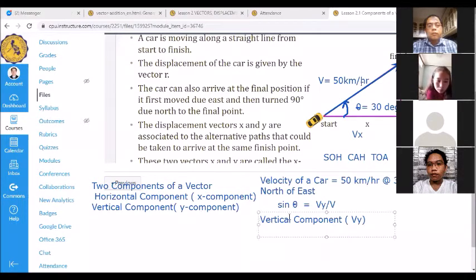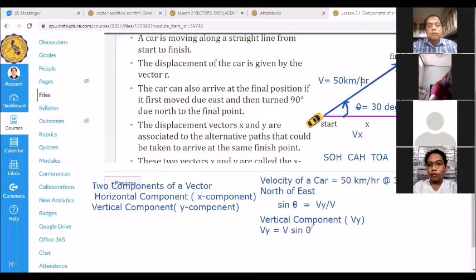Our Vy, based on this equation above, will be the product of the hypotenuse times the sine of theta.